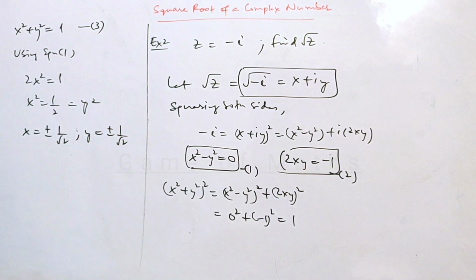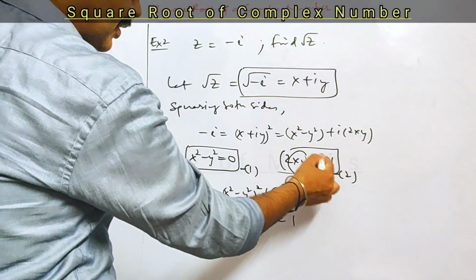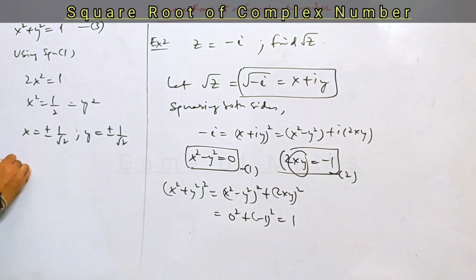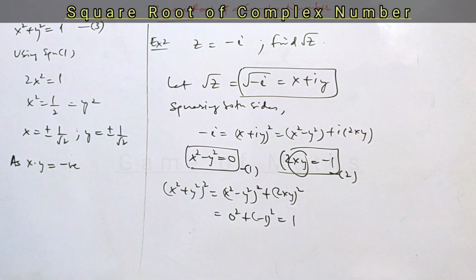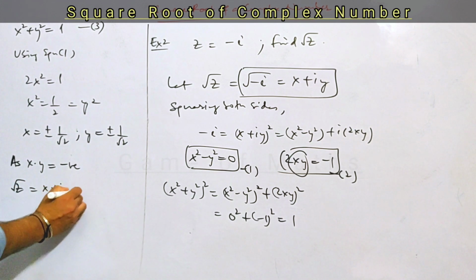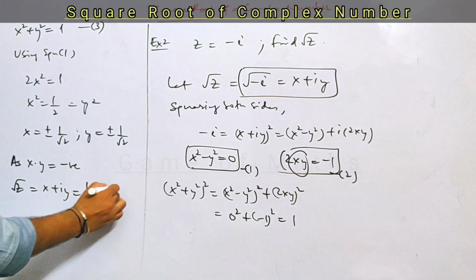Now we need to carefully decide about the signs. Here if you see x into y, the product is negative. So as x into y is a negative number, it implies x and y must have opposite signs. If one is positive, the other is negative. If the first is negative, the second must be positive. So the square root of z, x plus iota y, can be written as: if I take the positive value of x, I'll have to take the negative value of y.